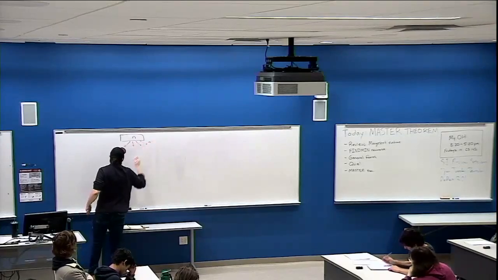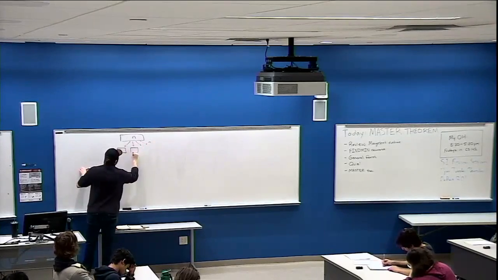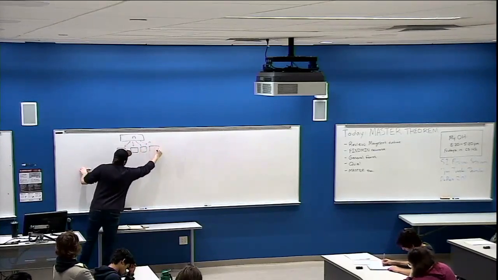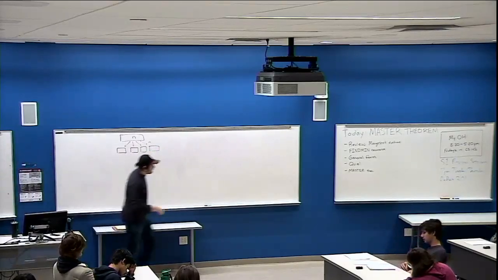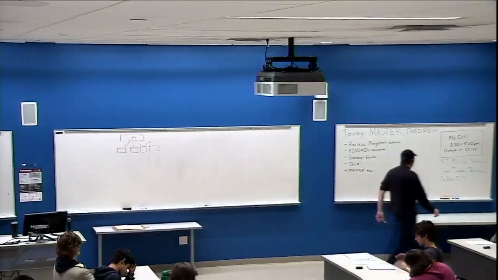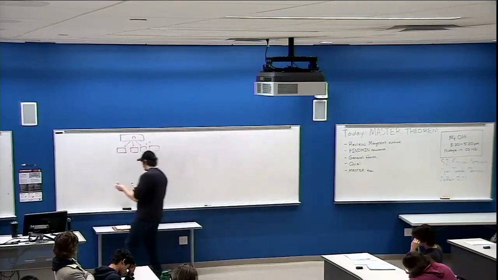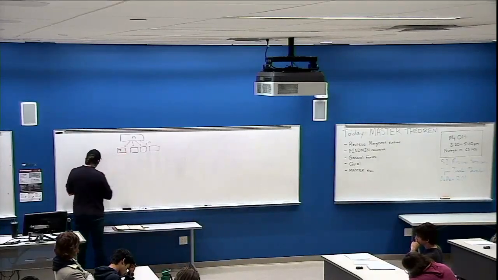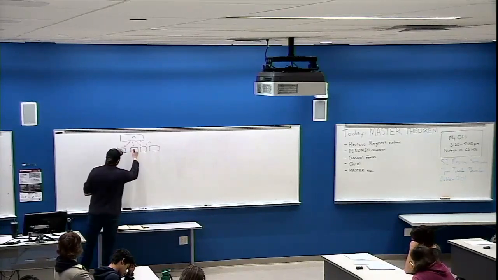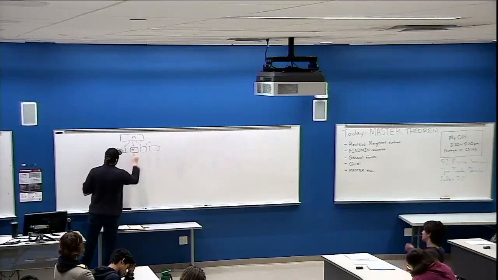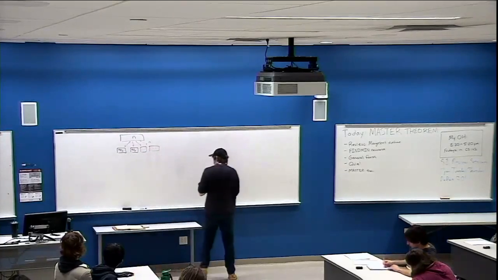And this will produce some subcalls that are all going to be of size n over b. So each one of these subproblems is going to be 1 over b as big.